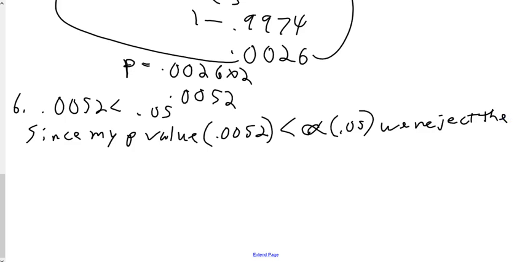And remember, you can say null hypothesis, you can say Ho. Why do we do that?